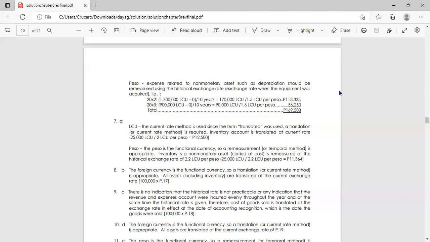The subsidiary acquires inventory on credit on November 1, 2024 for 100,000 FCs. That's sold on January 17, 20x5 for 130,000 FCs. The subsidiary pays for the inventory on January 31, 20x5.